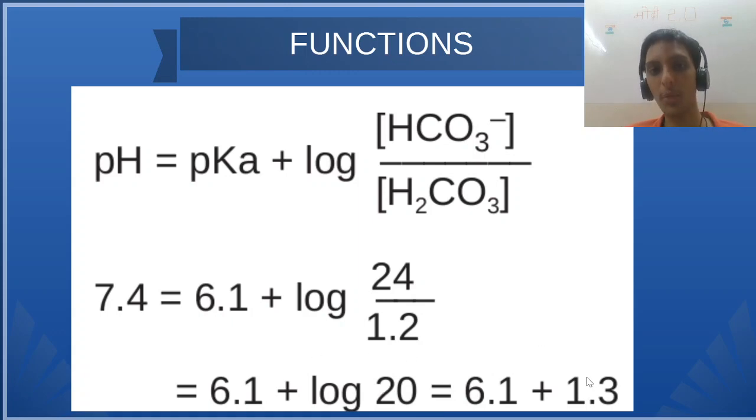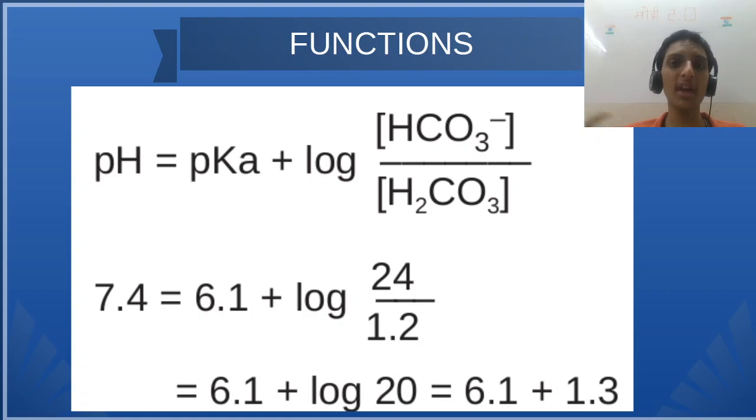Log 20 is 1.3. You might be wondering how this happened. I'll tell you a way to get this 1.3. Please remember this formula: log AB is equal to log A plus log B. Here AB is 20, and 20 is 2 into 10. So we have log 2 plus log 10. Log 2 is 0.3 and log 10 is 1.